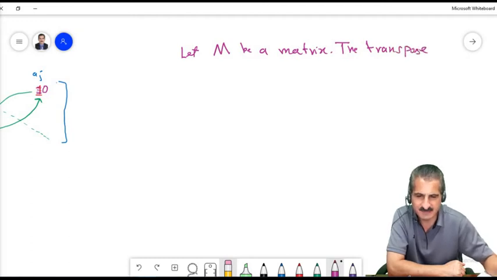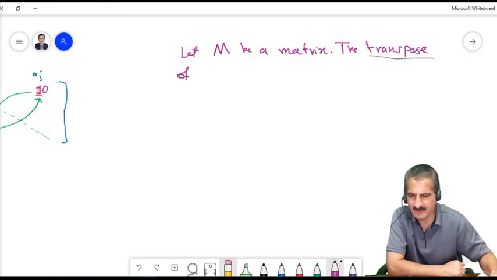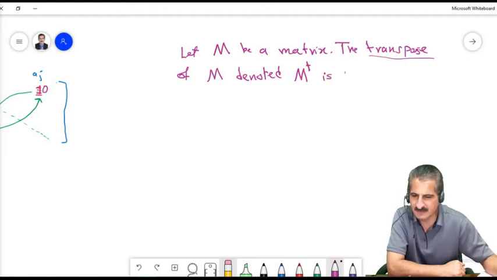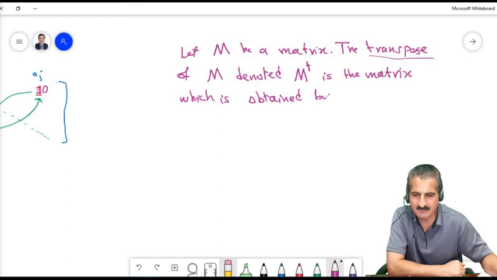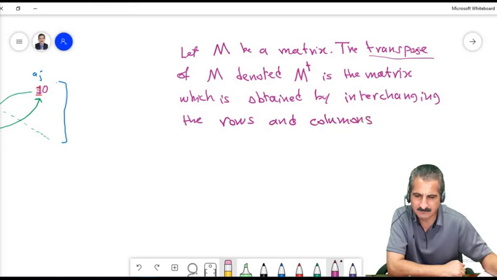The transpose of M, denoted M^T, transpose, is the matrix which is obtained by interchanging the rows and columns of M.